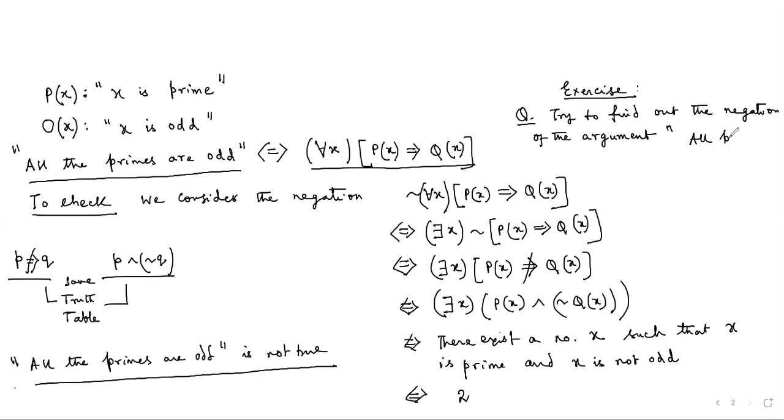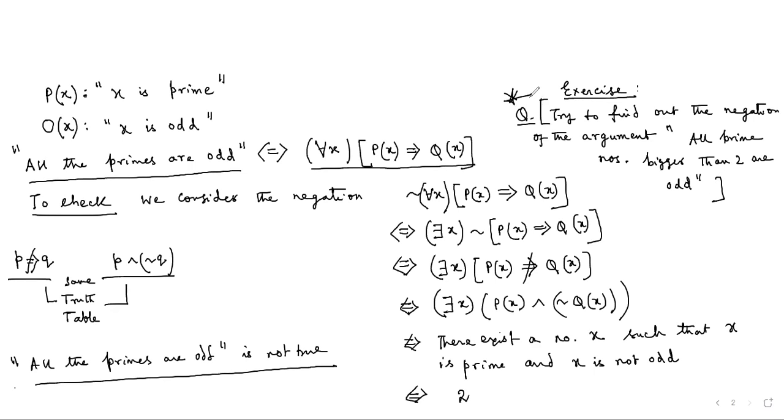All prime numbers bigger than 2 are odd. Now, I'm not asking you to find such a prime number.